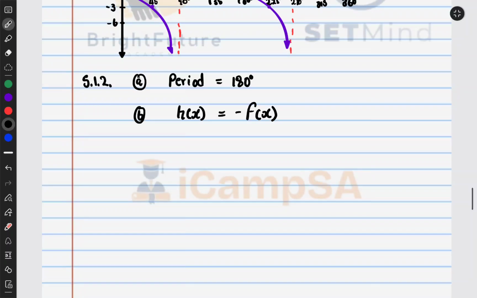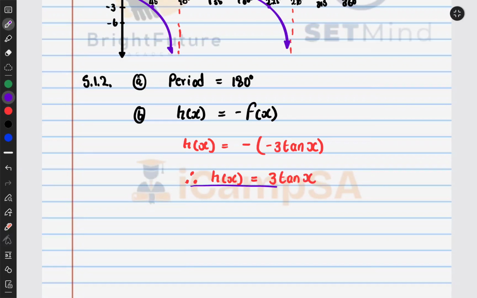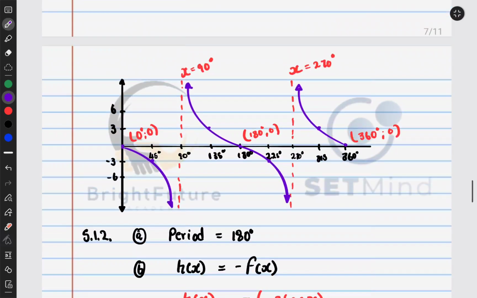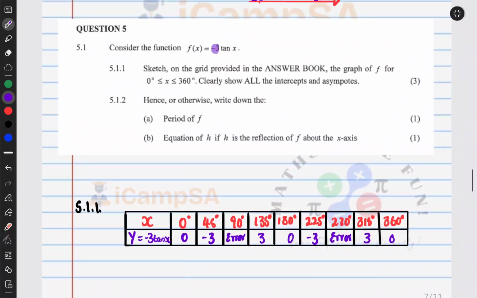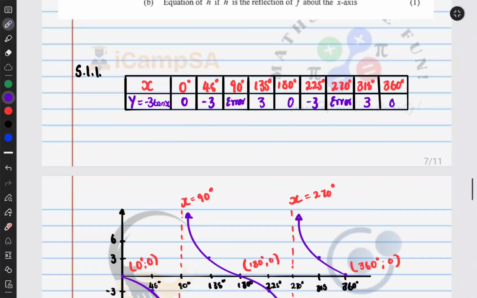Therefore h at x is equal to negative into negative 3 tan x, and negative multiplied by negative will be a positive, so h at x will be 3 tan x. Okay, and then that was 5.1.2. That is how you go about entering that.